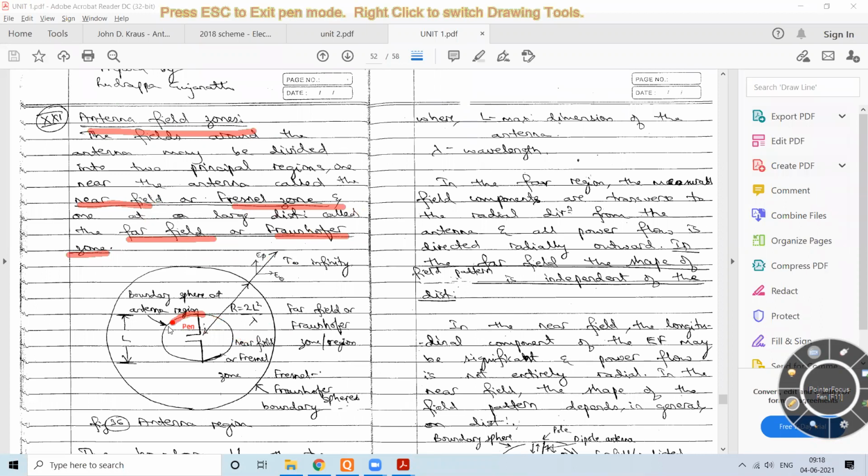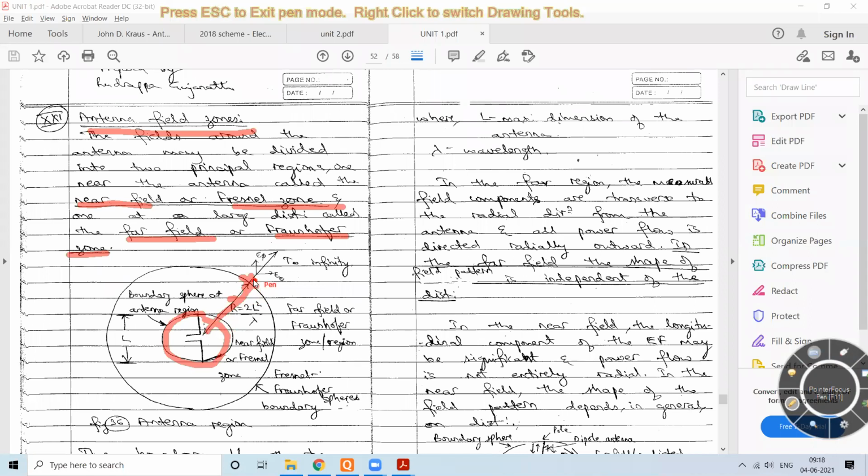You have an antenna here, and you are considering an observation point at a distance r. There might also be another antenna present there, capturing the signal transmitted by this antenna.